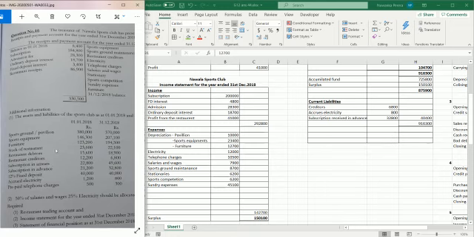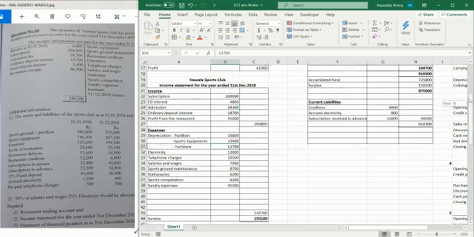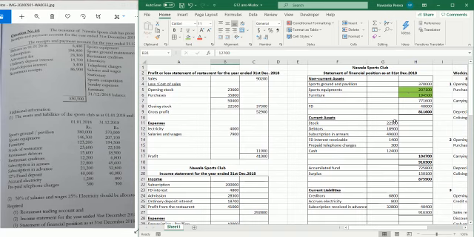Now, first of all, the closing stock of 22,100 has to be recorded in the statement of financial position under current assets. Once you record that, once again, this closing stock has to be recorded in the profit or loss statement of the restaurant, and then the opening stock of 23,600 should also be recorded in the profit or loss statement of the restaurant.